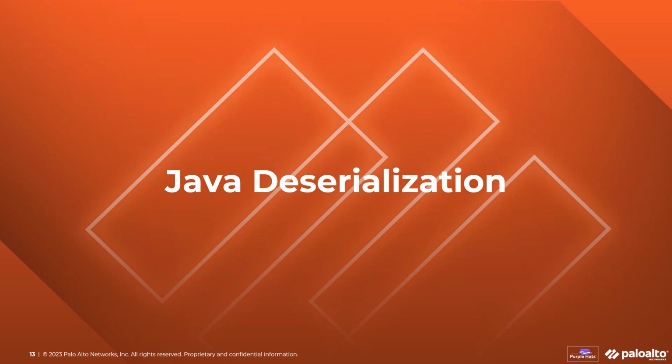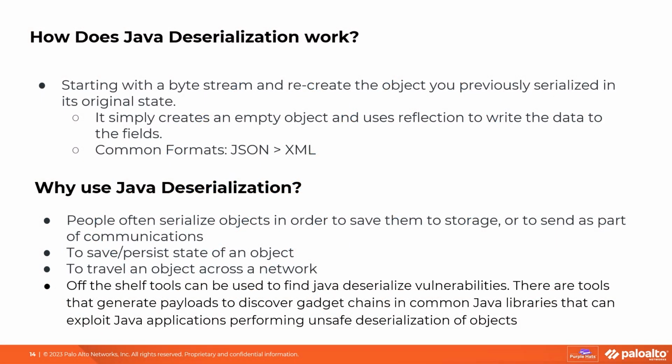To understand what that is, we need to understand what Java deserialization is and how it works. Basically, serialization is a process where we can take an object as a byte stream and save it to disk or into memory, pass it along to a different computer over the network, and then deserialize it back into memory, and load that object in its original state into the software.